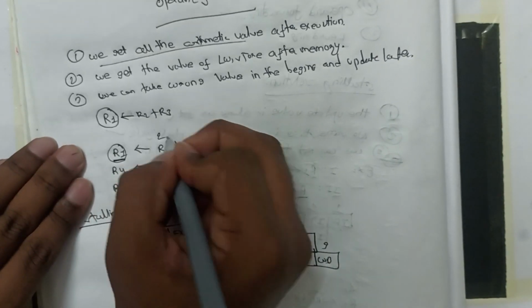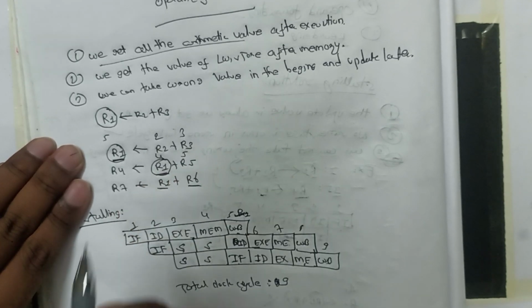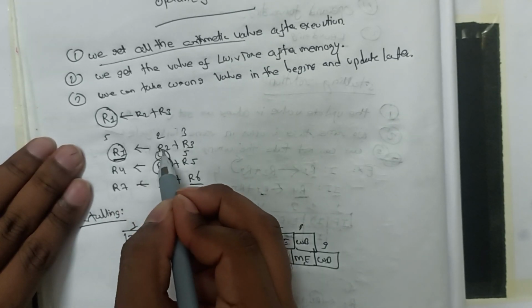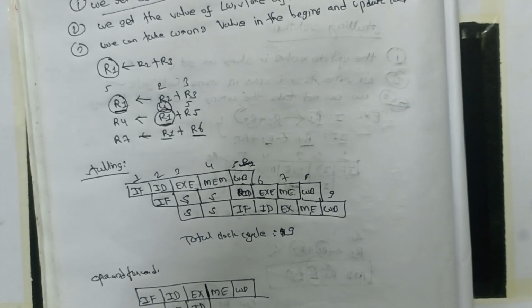It means 2 plus 3 is 5, and then 4 plus 5. At first I have taken the wrong value of R1, that is 4. But the condition is that before doing the execution I have to update the wrong value with the right value.